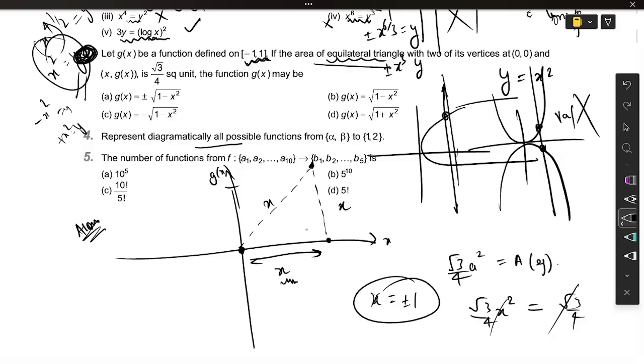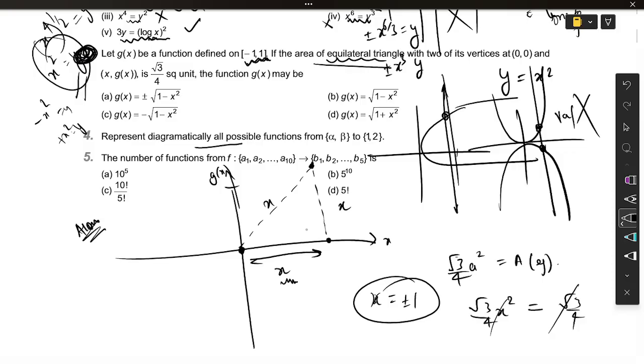So if I have written {a, b}, it's not the interval between them. This is just a and b. It's not an interval.